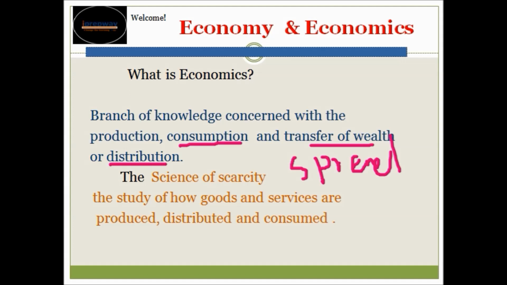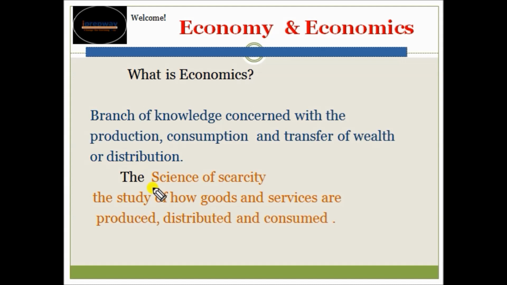So these are the three words. We got it? Let's move on. Also, economics is the science of scarcity, the study of how goods and services are produced, distributed and consumed.